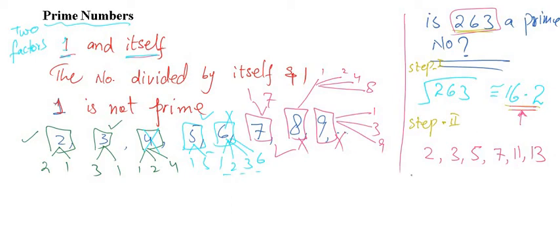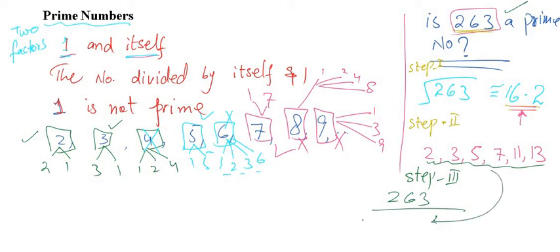Then in step number 3, you have to check by dividing the given number by these prime numbers. Check 263, put all these numbers over here, 2, 3, 5, 7, 11 and 13, and check: is 263 divisible by all these numbers or one of them?